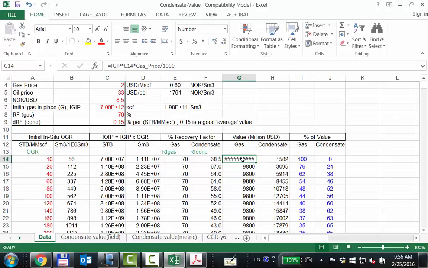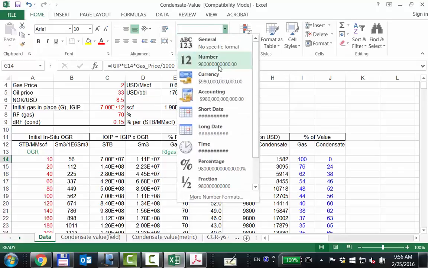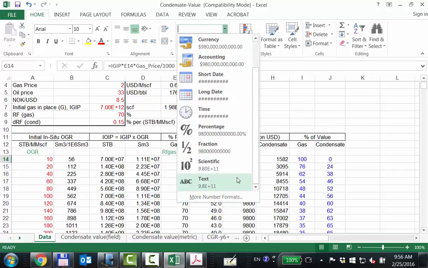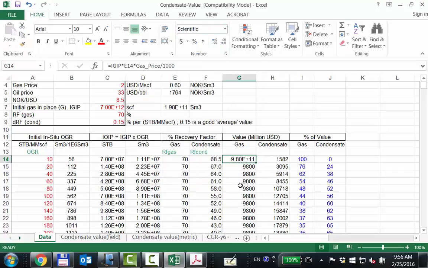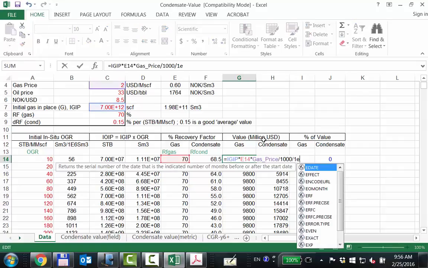Okay? Now I've got dollars. If I want to show this in dollars, it's short of $1 billion. Is that right? But I want it in $1 million, so I have to divide again by 10 to the 6th.